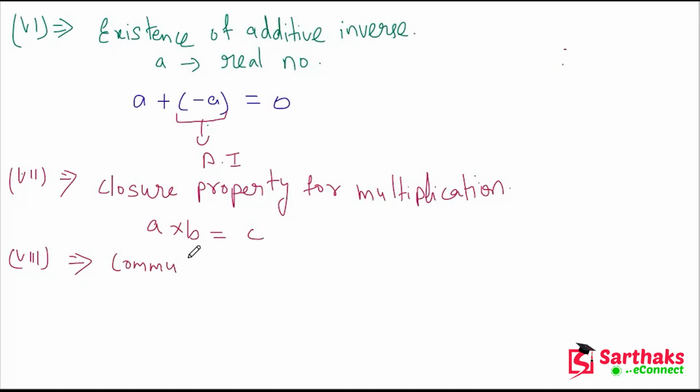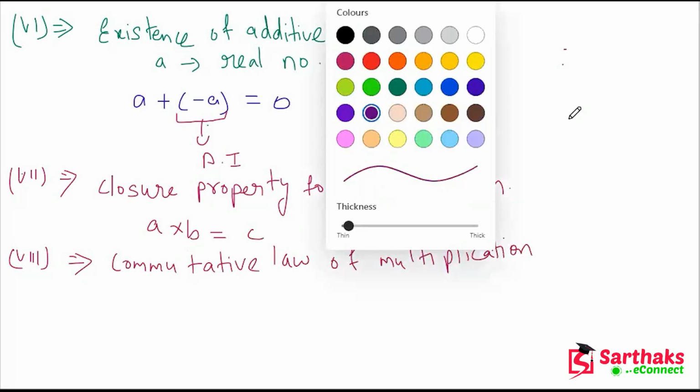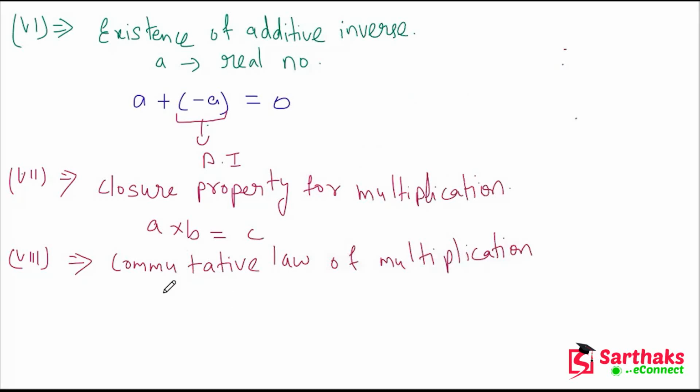Now let's change the color. In this case, if we multiply a into b, or we multiply b into a, we get the same result. Here also a and b are real numbers.